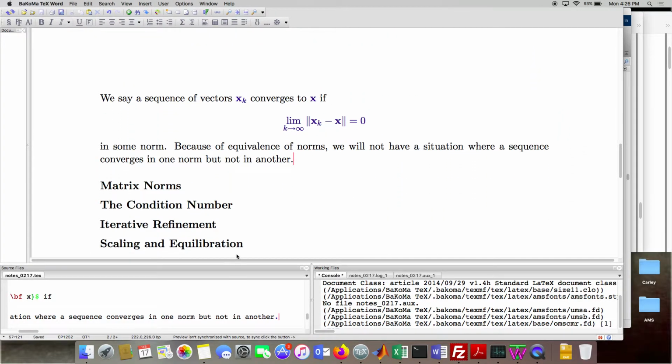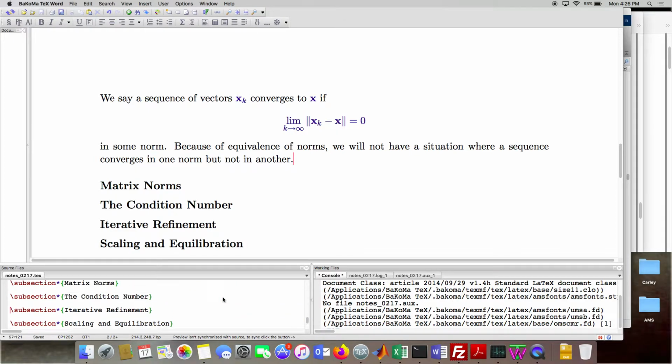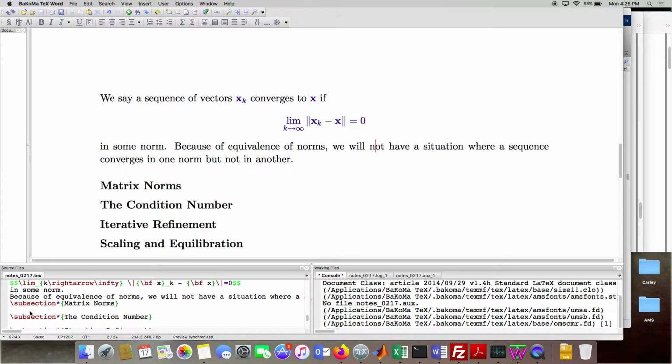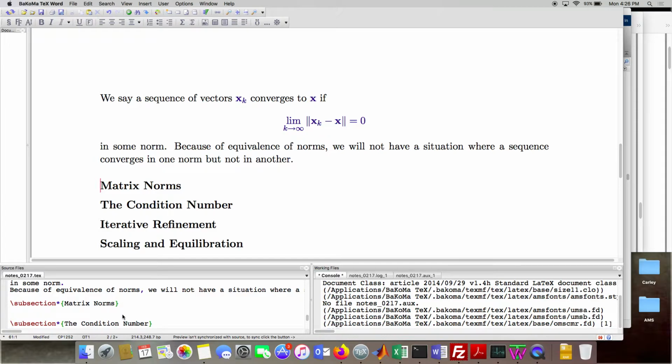Now, matrix norms, those are a little more difficult to wrap your head around. So brace yourself. The definitions of matrix norms, unfortunately, are not quite so straightforward.